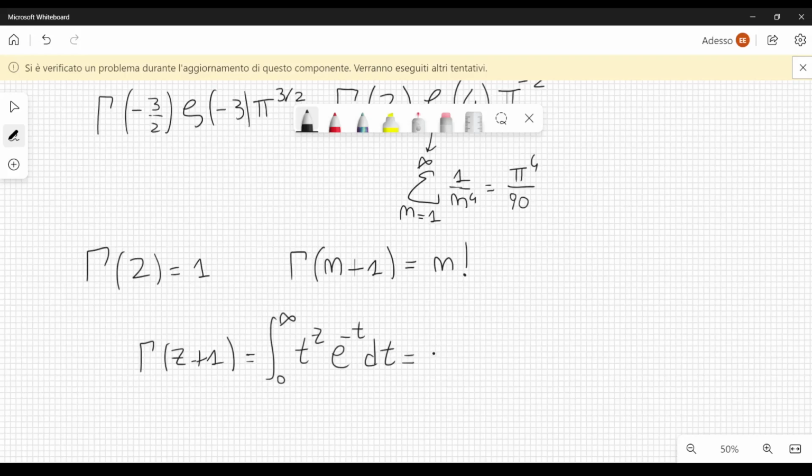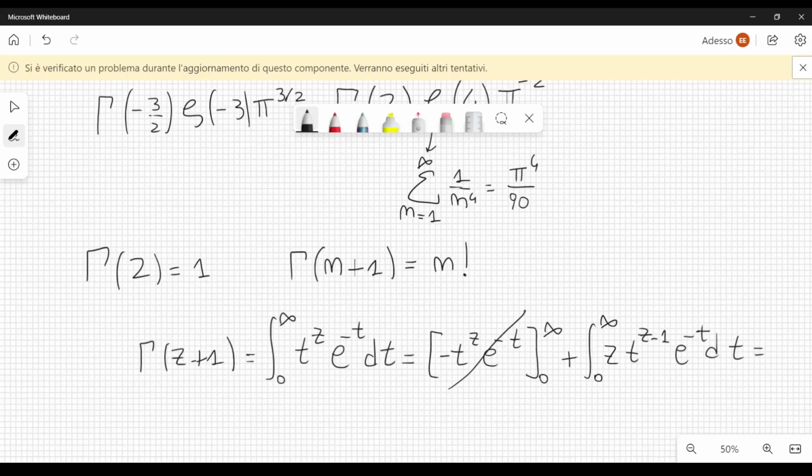If you integrate by parts, you can rewrite this as minus t to the power z e to the minus t evaluated between 0 and infinity, and it's easy to check that this is equal to 0. Then we get plus the integral from 0 to infinity of z times t to the power z minus 1 e to the minus t dt. But this is simply equal to z times gamma of z, right?